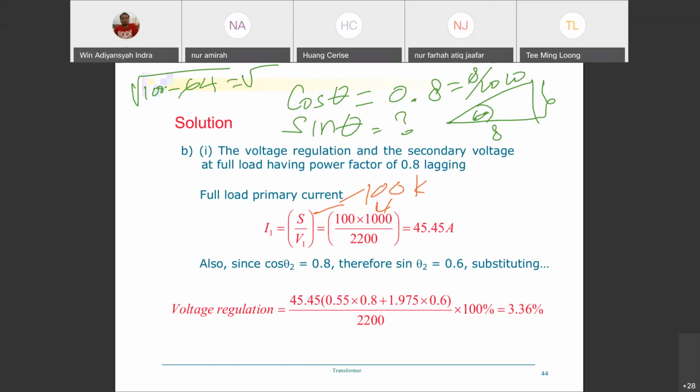Yeah, 64. 36 equal to 6. So 6 then. So sine theta equal to 6 over 10, which is 0.6. All right. This one, 0.6.